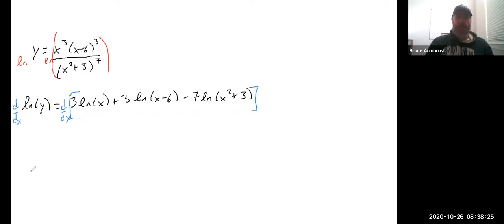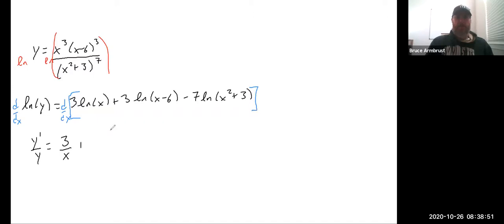What goes on the bottom of the fraction is what's inside the log, and what goes on top is the derivative of what's inside the log. So the natural log of y is going to give us y prime over y. This 3 is a constant multiple. Natural log of x gives us 1 over x, so you write that as 3 over x.